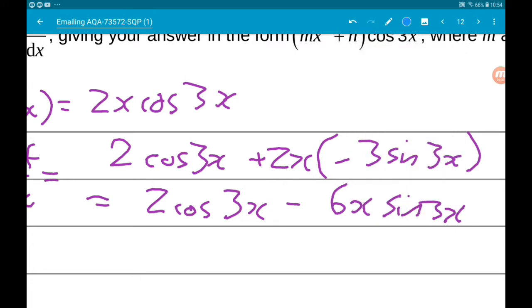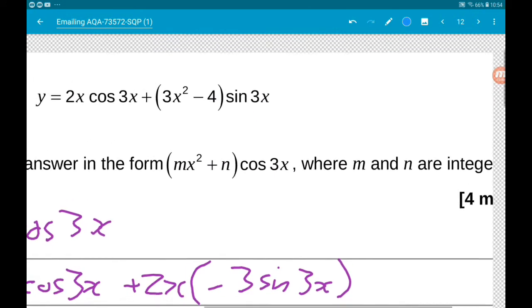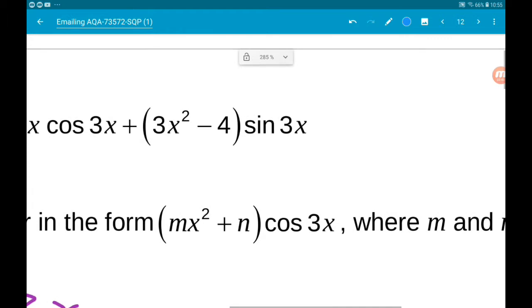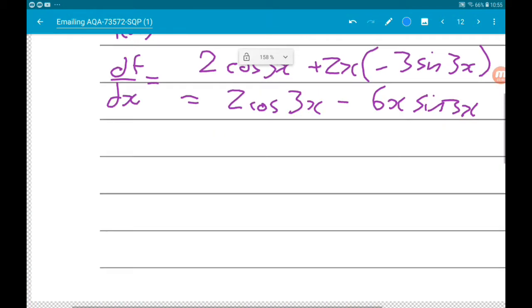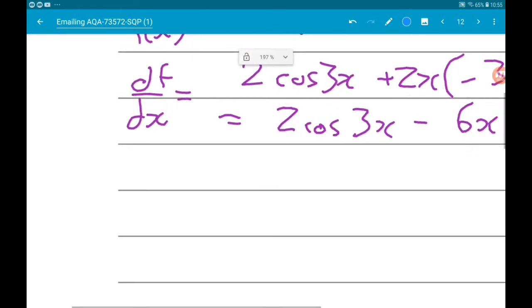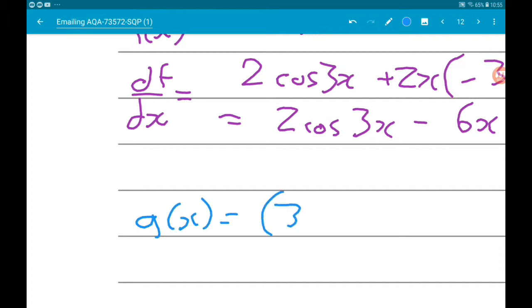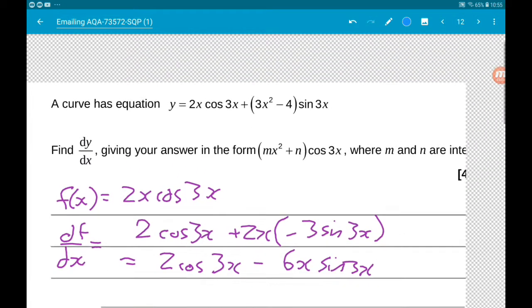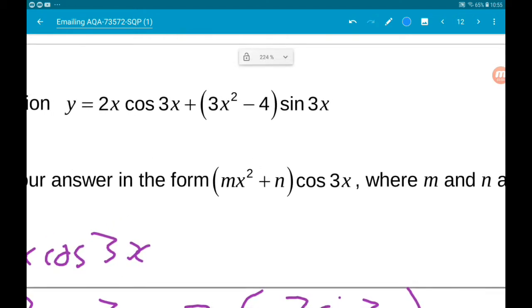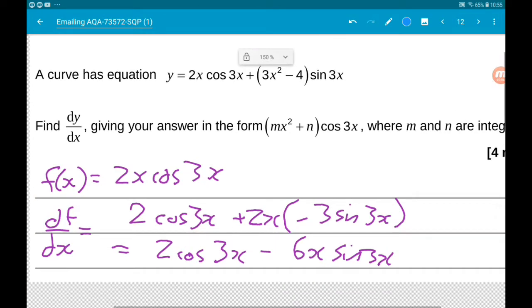Now let's call g of x 3x squared minus 4 sine of 3x. So g of x is equal to 3x squared minus 4 times sine of 3x.